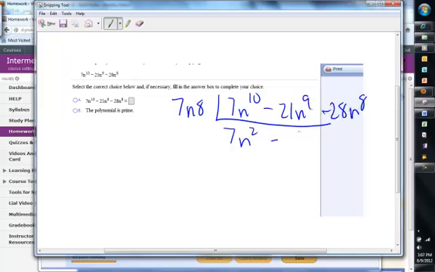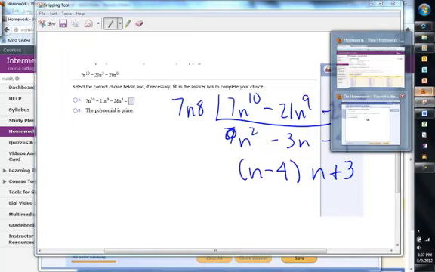Okay, this is not 7n, it's just n squared minus 3n minus 4. What two numbers multiplied equal 4 are 3 apart? n minus 4, n plus 3.